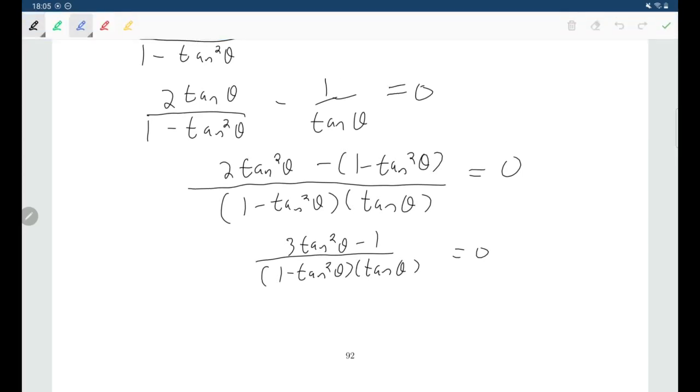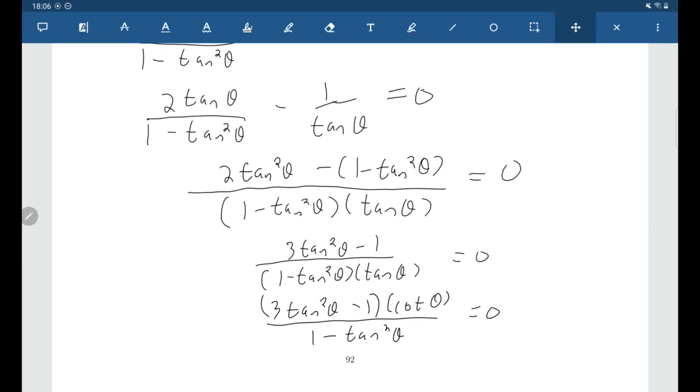You know that when fractions are equal to 0, that's where the numerator is equal to 0. However, don't forget that equations that involve trig functions can be rewritten in a bunch of different ways. Namely, that tangent that's in the denominator, you could bring that up and make it a cotangent in the numerator. So actually, we could rewrite this as 3 tangent squared theta minus 1 times cotangent theta all over 1 minus tangent squared theta is equal to 0.